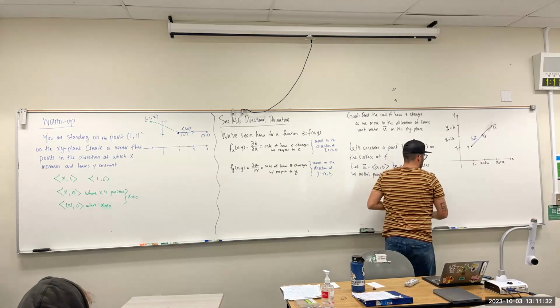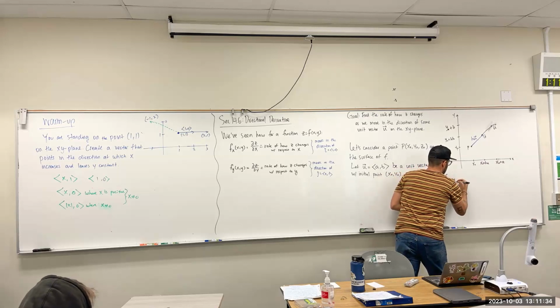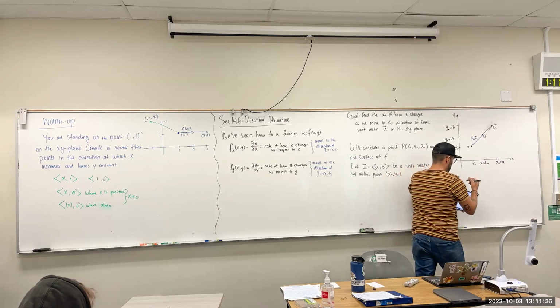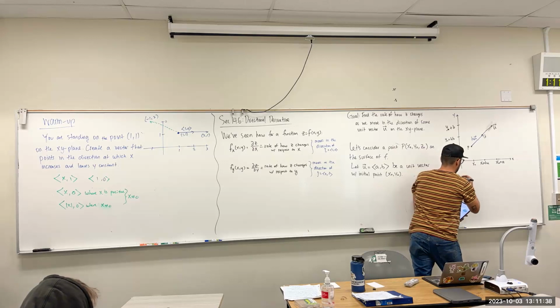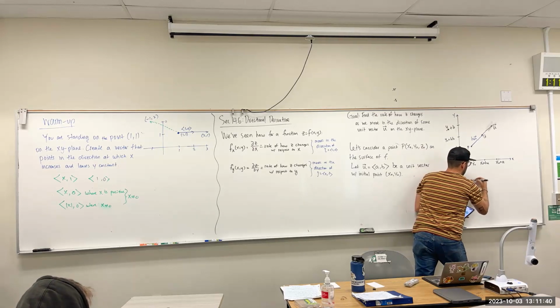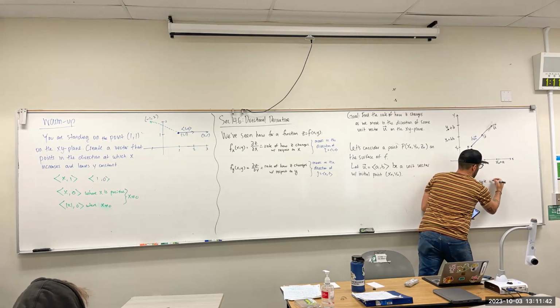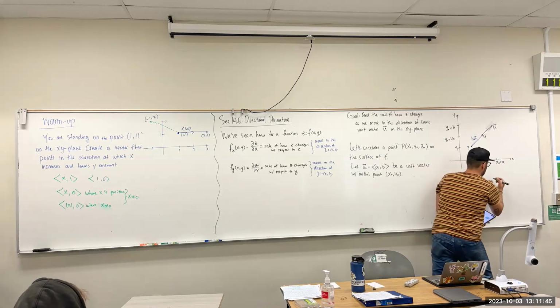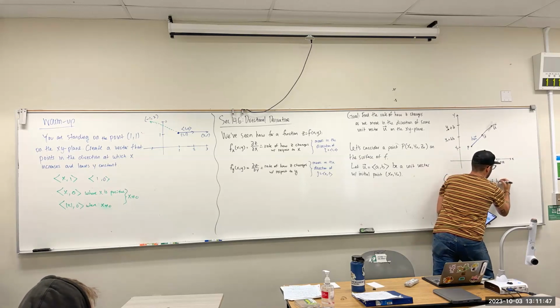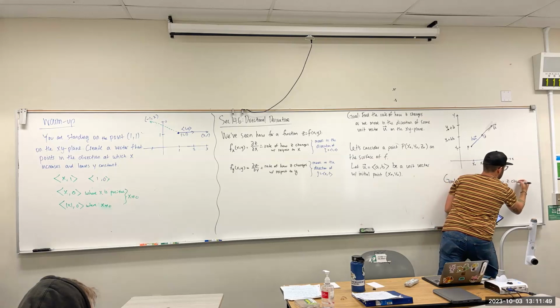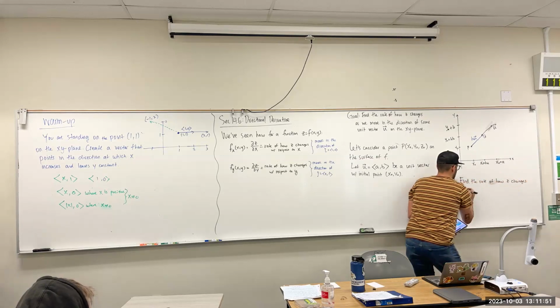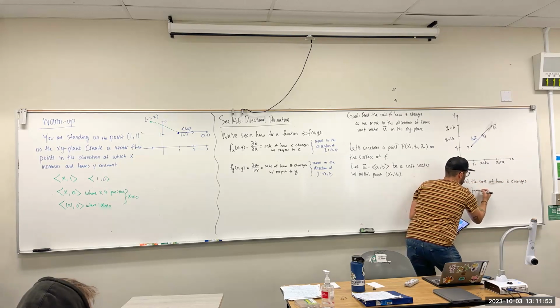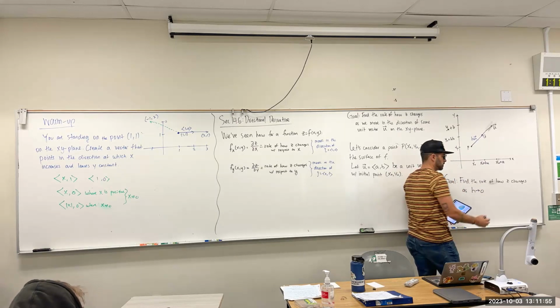And so here's the goal. This is what we're going to want to do: find the rate of how z changes as we let h go to 0. Okay?